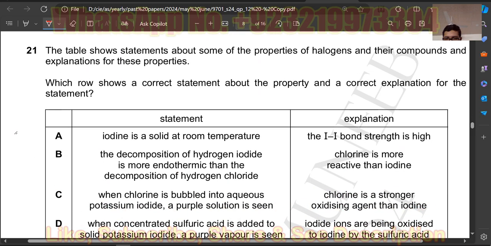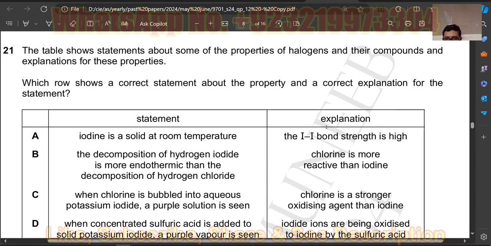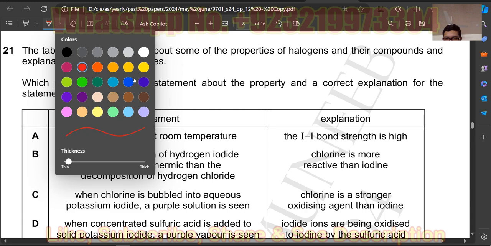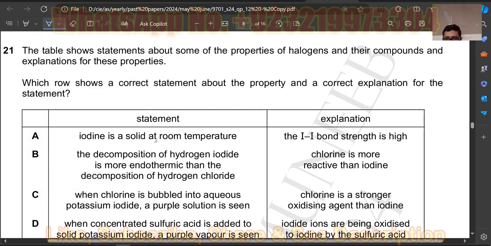The table shows statements about some of the properties. So we have to match the statement with the explanation it holds. The first statement is that iodine is a solid at room temperature. So yes, iodine exists as a solid, and the explanation is that the I-I bond strength is high.